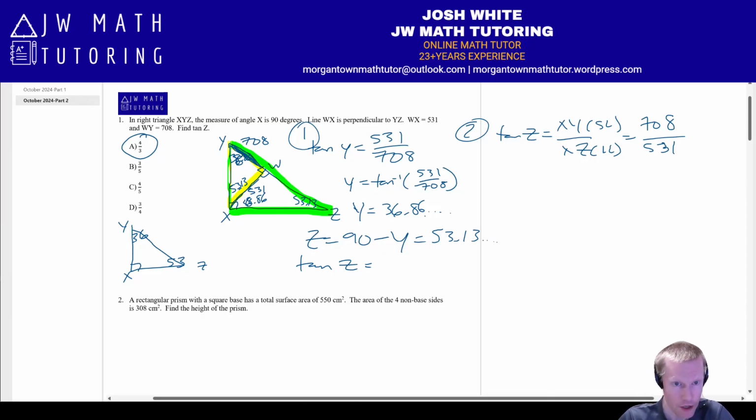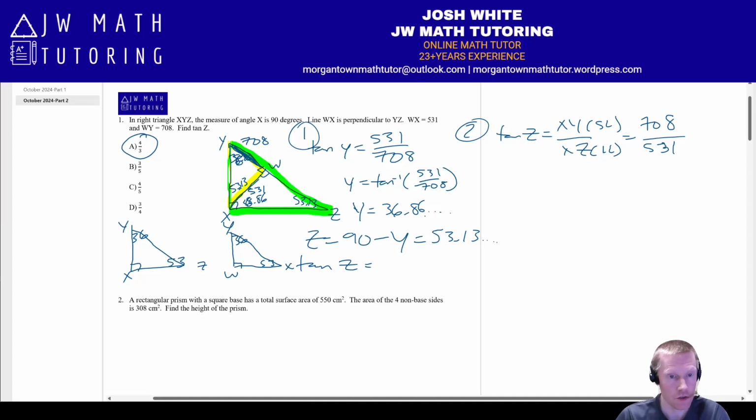Ignoring the decimals. Then we have this small yellow triangle, and I'm going to draw the same orientation. So here's the right angle at W. Notice X is down here at angle X, the 53 angle, and then Y is up here, and it's 36.